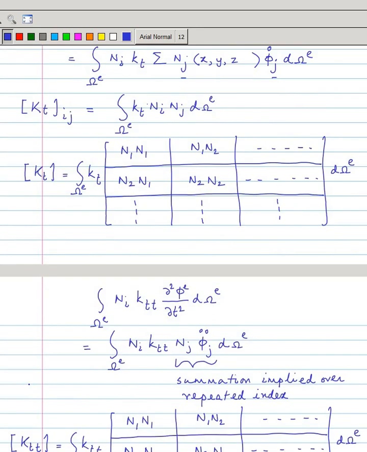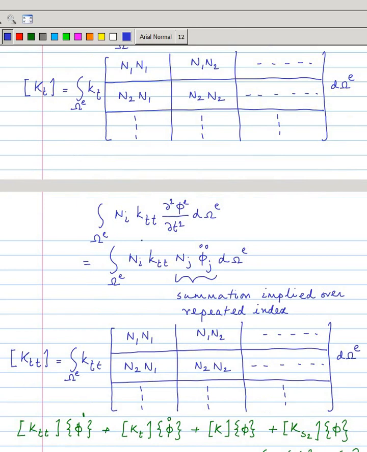And for the other term, which is ktt del square phi del t square, this is nj phi j double dot d omega e. Here again nj will not get differentiated, only phi j will get double differentiated, and summation is implied over the repeated index.